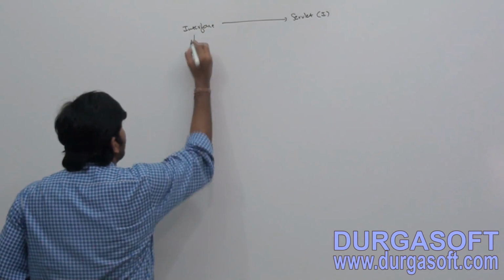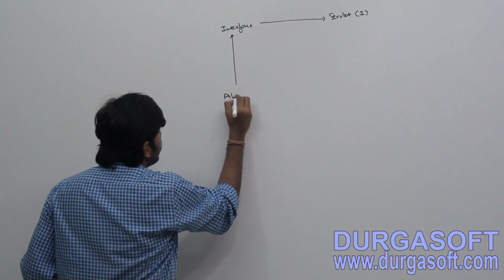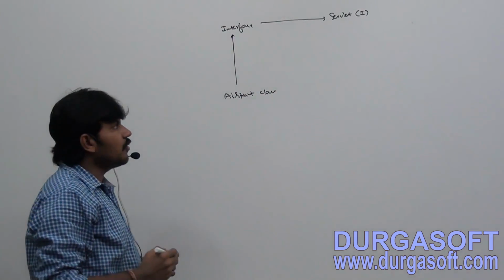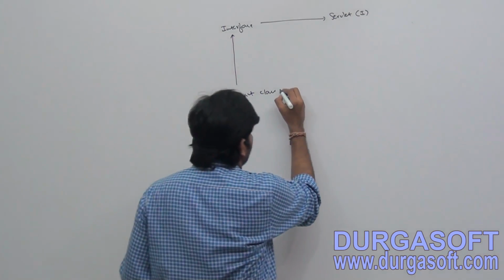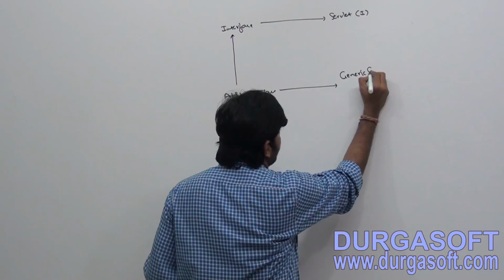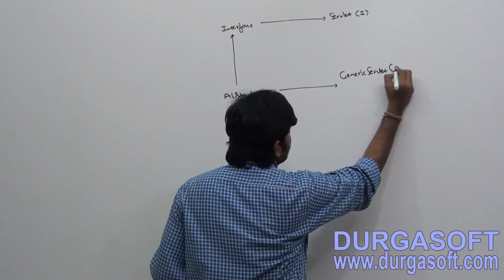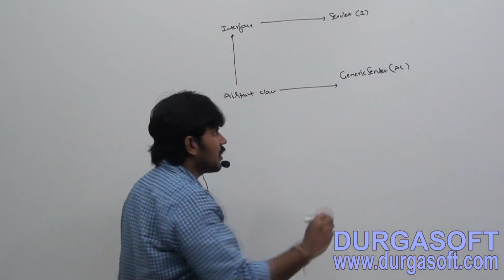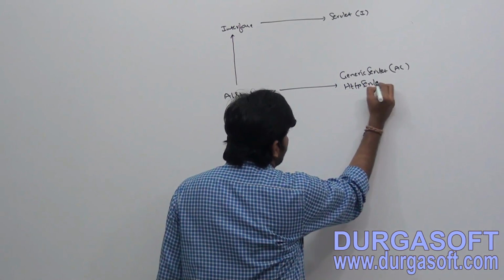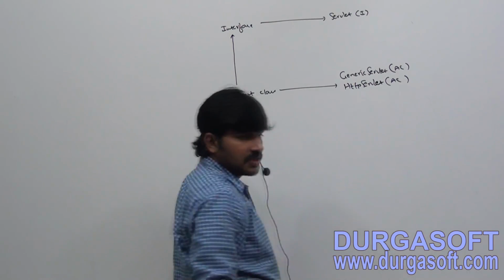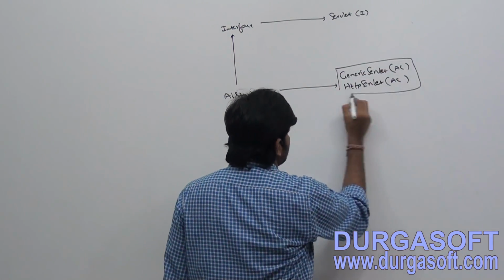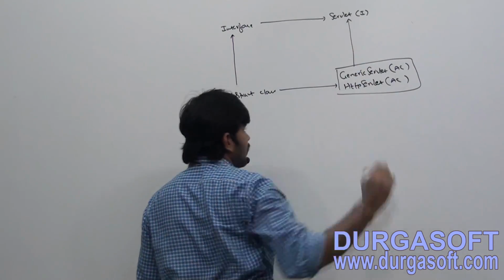For example, GenericServlet talks about implementation, but not completely. Similarly HttpServlet talks about implementation, but not completely. These two are abstract classes which implement the Servlet interface.